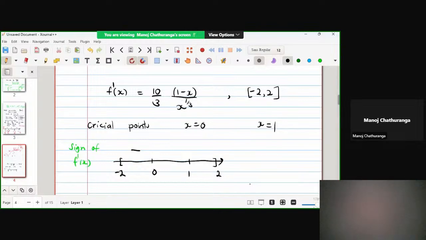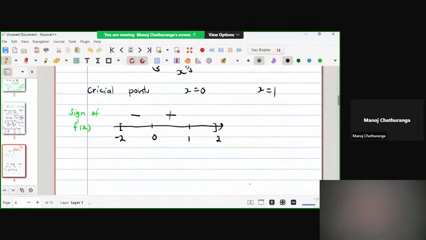Then from 0 to 1, I can think about 1 half. So 1 minus 1 half is a positive number. The cube root of a positive number is positive. So altogether this term is positive. The only problem is at 0, I have an undefined derivative.